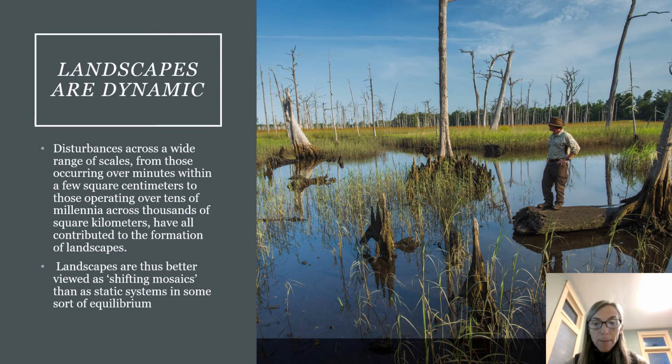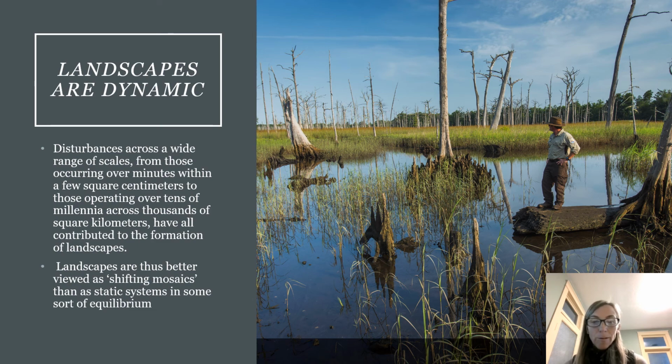Landscapes are dynamic. Disturbance across a wide range of scales, from those occurring over a few minutes within a few centimeters, to those operating over tens of millennia across thousands of square kilometers, have a profound influence on landscapes and on the distribution of land forms and habitats across those landscapes.